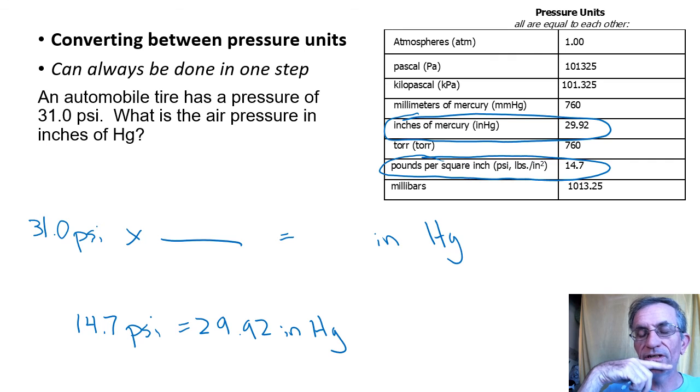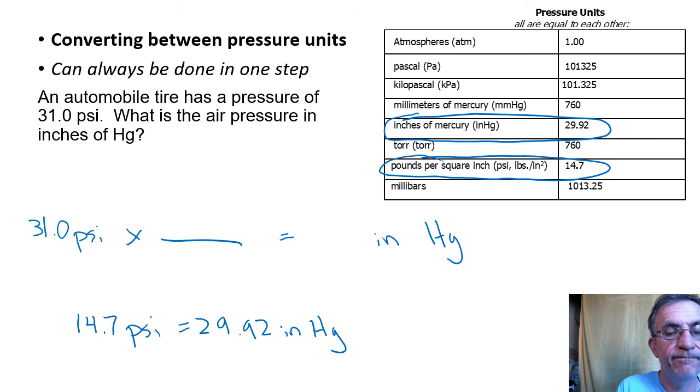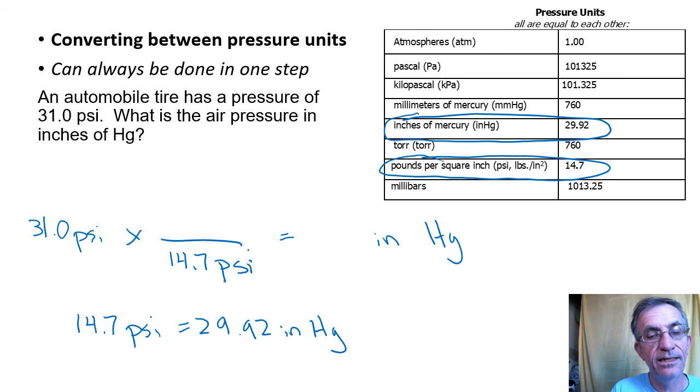What number are you going to put on the bottom? 14.7, or are you going to put 29.92? It should be 14.7. Why? Because I need PSI to cancel. If you put PSI on the bottom, go away PSI. That makes the 14.7 go on the bottom, and the PSI is going to cancel.